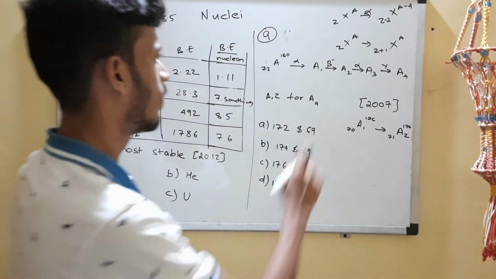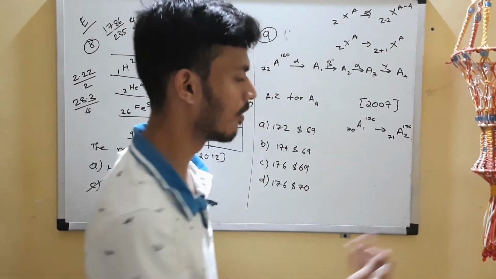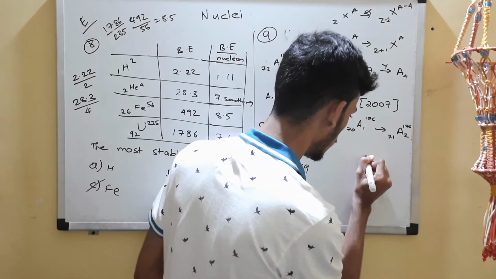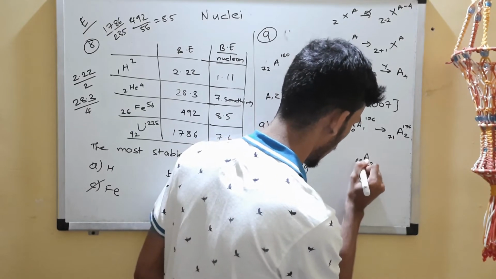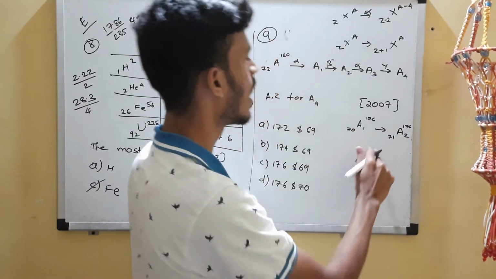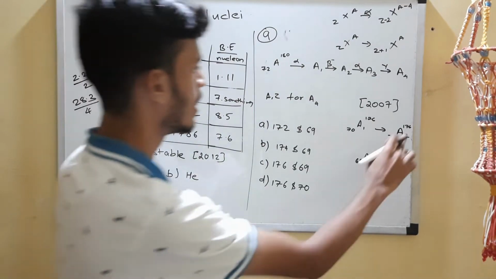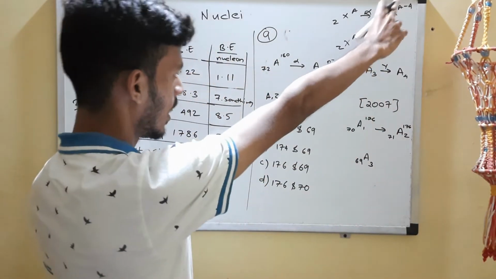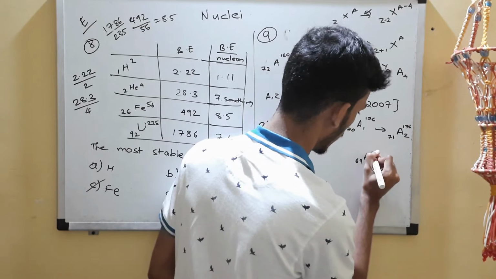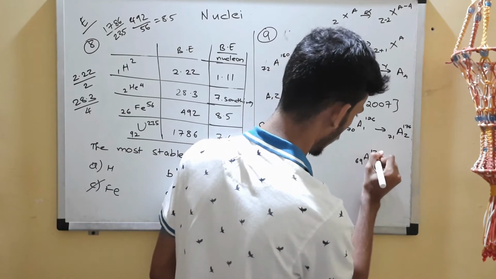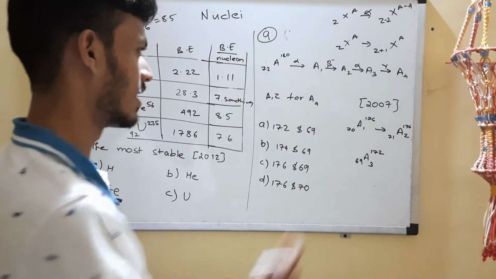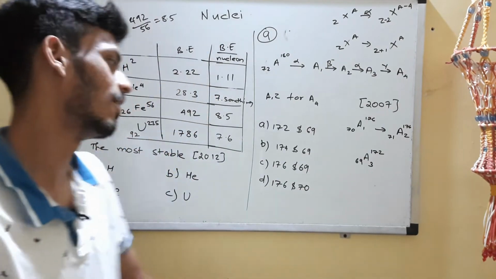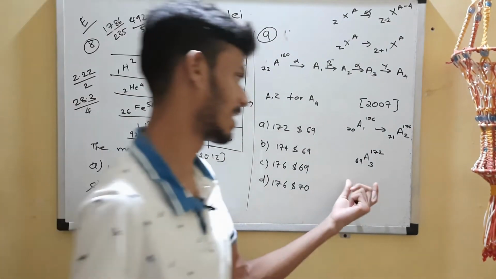Now after that again A2 undergoes alpha decay, so decrease this by 2. So A3 is here, you'll have 69, and decrease the mass number by 4, so 172. Now this undergoes gamma decay, so there will be no change. Basically this is an excited state.